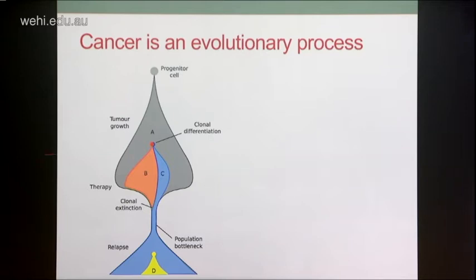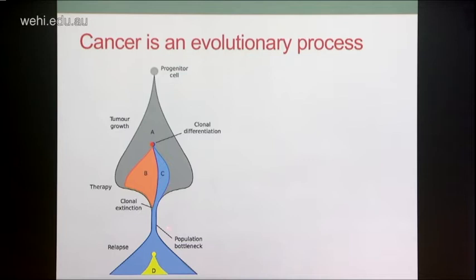So in this example, we've got clones B and C that have evolved different genotypes, and they've all come from this ancestral clone A. And at this point in time, there's a therapy that has been introduced in this particular patient tumour, which leads to shrinkage of the tumour mass and this extinction of clone B. However, clone C has some particular mutations that allow it to survive this treatment.